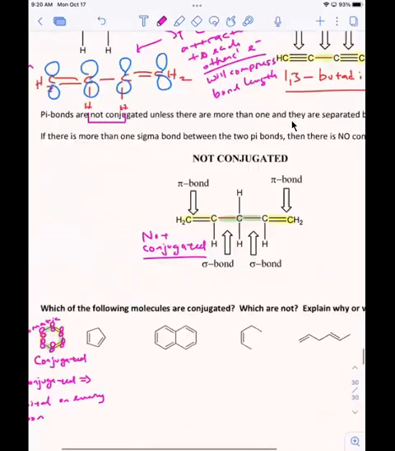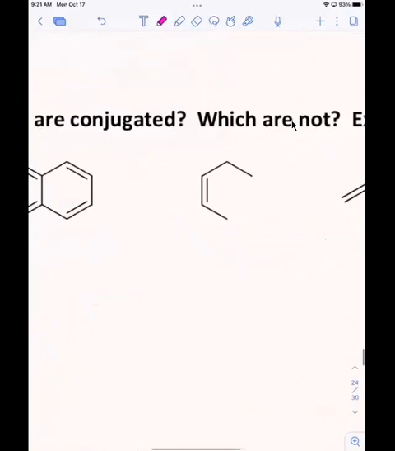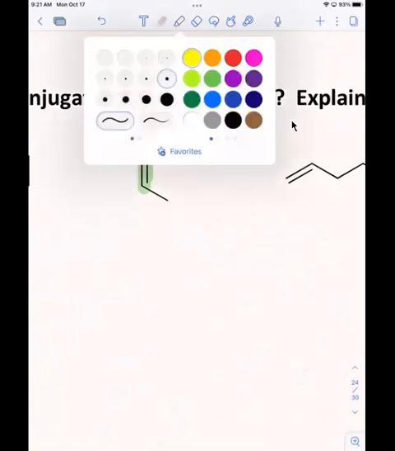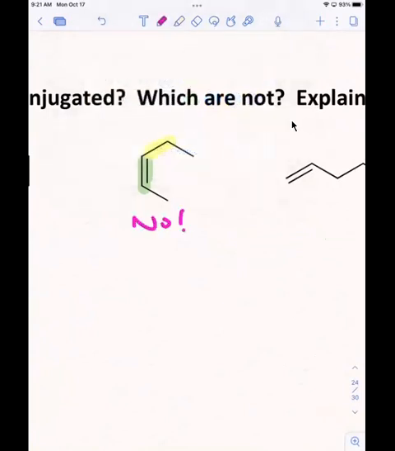All right, what about here? Yes or no? No. You have to have a minimum of 2 pi bonds present and alternating pi and sigma bonds in order to be conjugated.